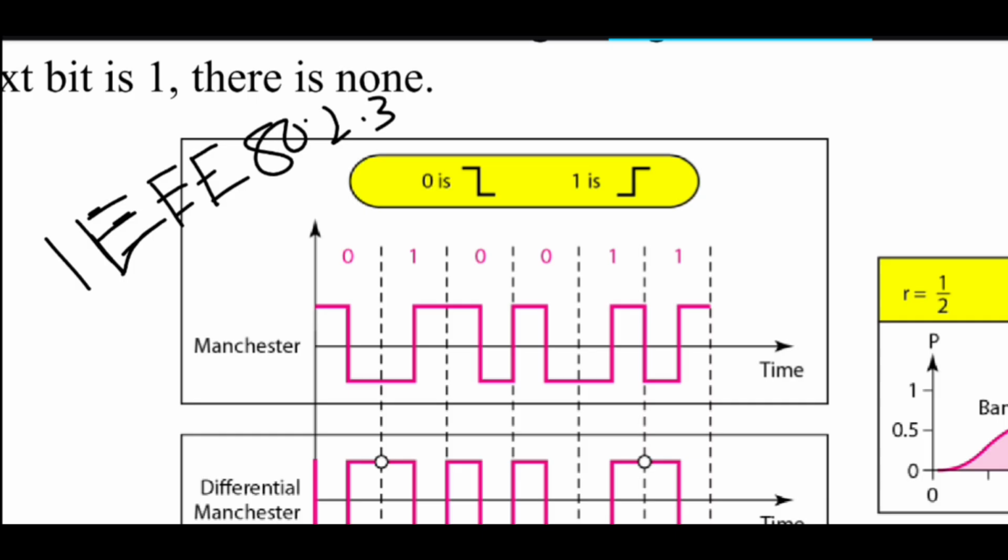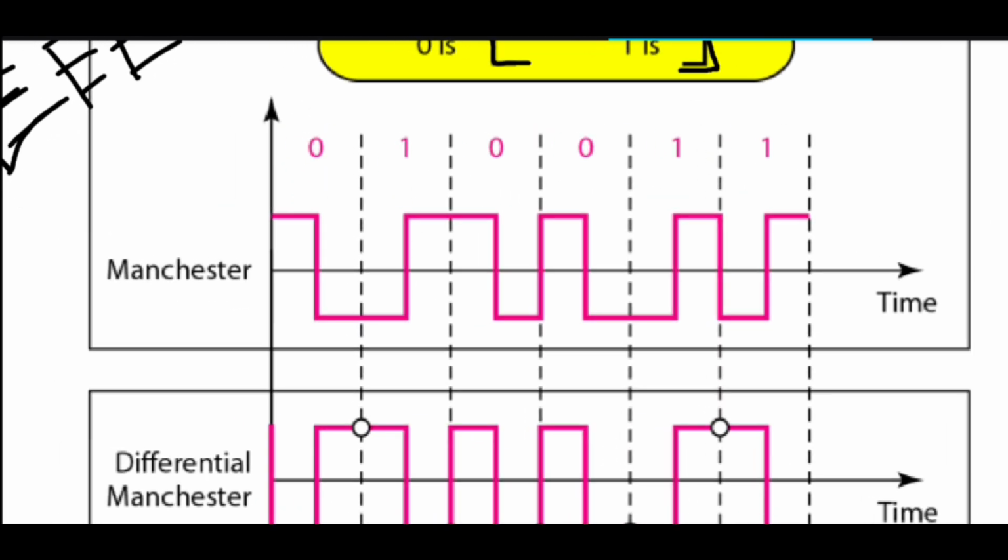Okay, 0 means high to low, and 1 means low to high. Okay, in Manchester, you can also tell that this is our A by 2 and this is our negative A by 2.